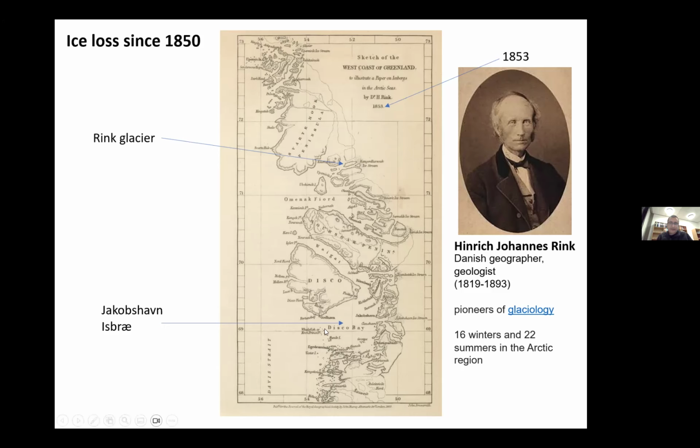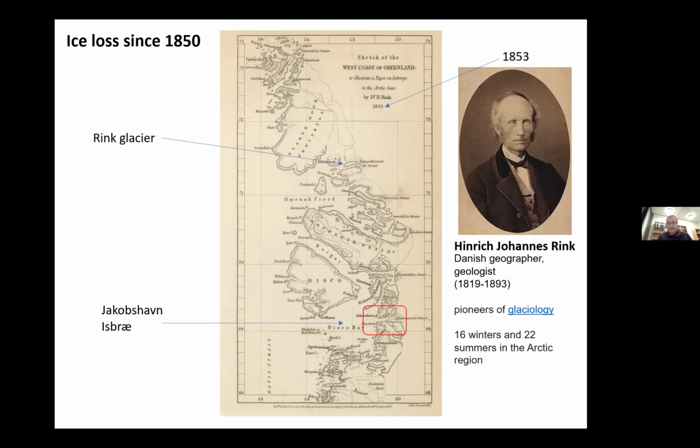Further south, we have Jakobshavn Isbre, which I guess everybody knows very well. Rink spent a lot of time in the Arctic region, especially in Greenland mapping. He mapped both the west coast, south coast, but also the east coast. And it is products like this that we can use nowadays to say something about where the ice margin was, for instance, back in 1853.